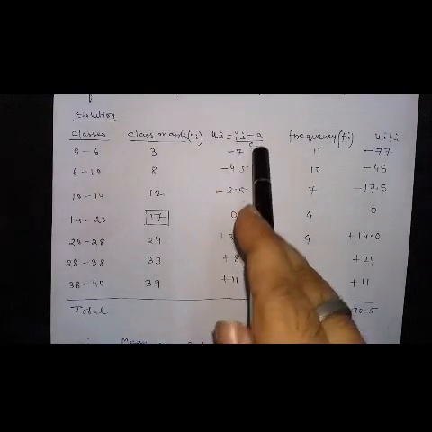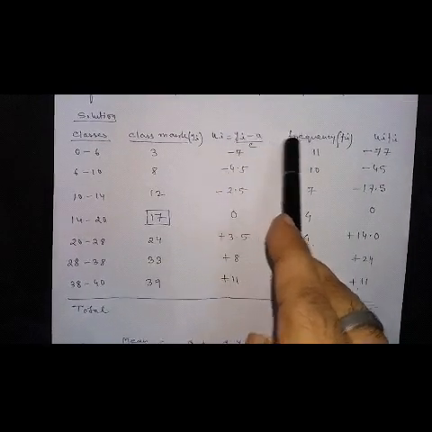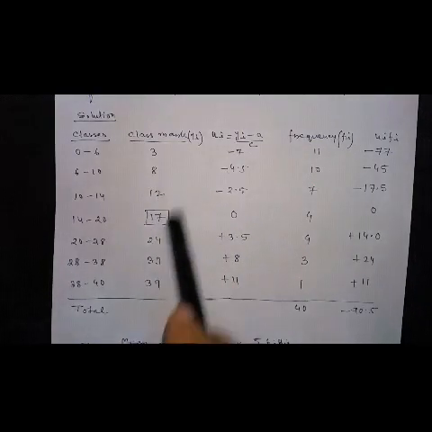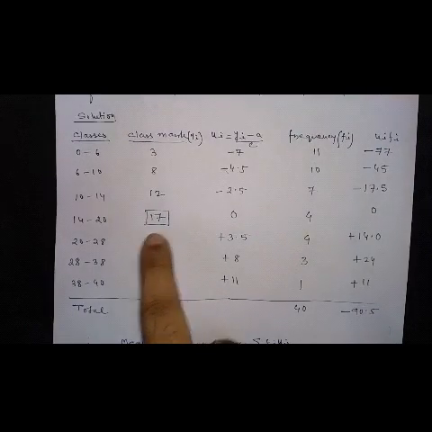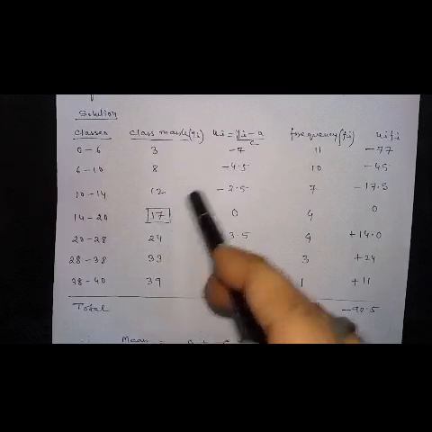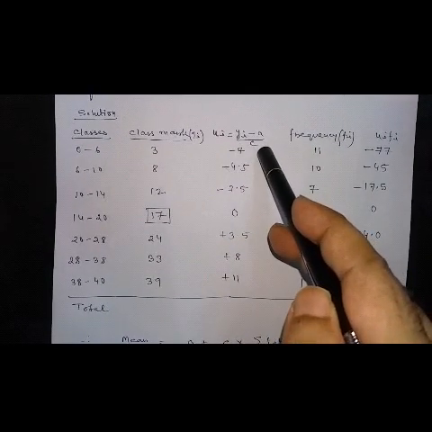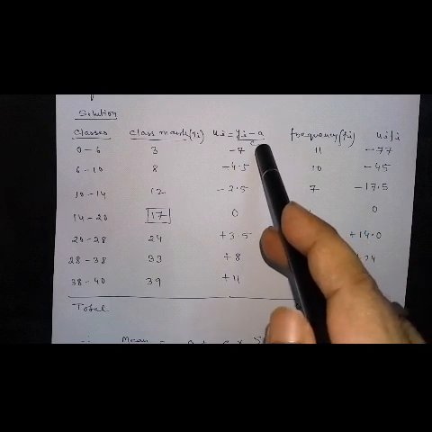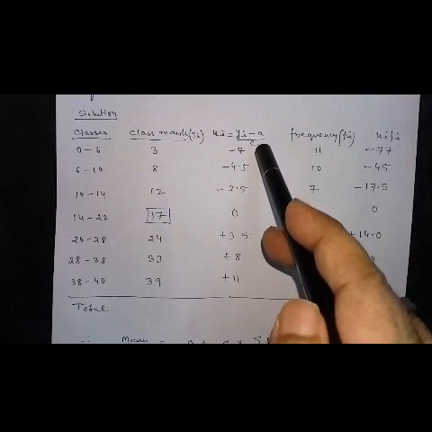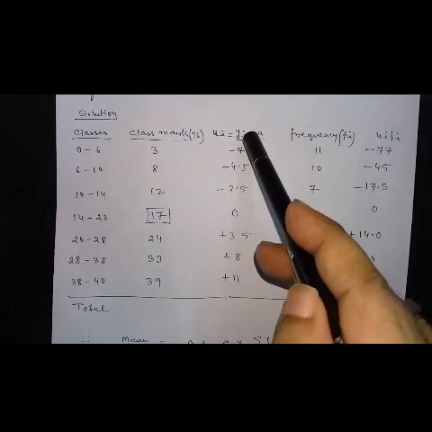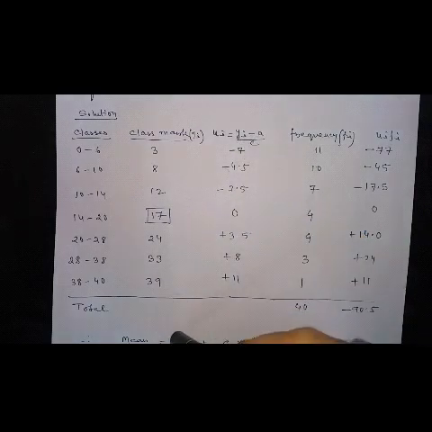So in this way we have got the class marks. Now we have to find out the ui. Now assume mean, we can assume as 17, or you can assume any other number. So I have assumed a as 17. Now this is xi minus a divided by c, so what will be the value of c? C you can take any number. Rather we can take the divisor of this xi minus a.